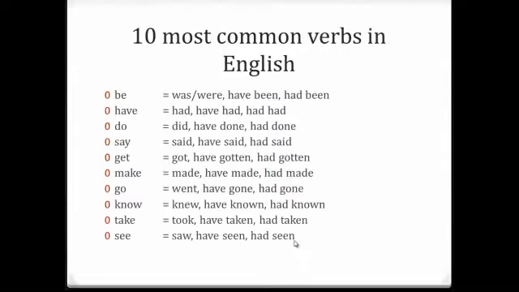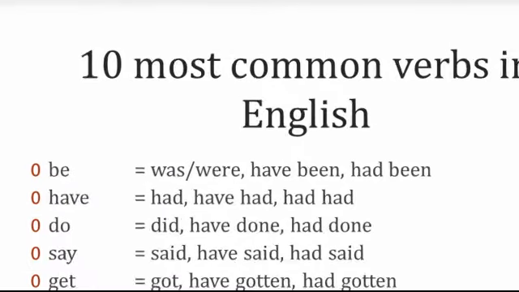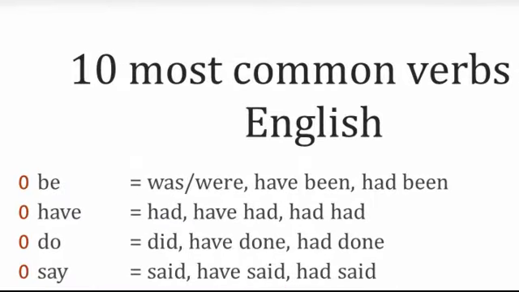Look at to be, for instance, at the top of the list. This is perhaps the most difficult one, because in the ordinary past tense, the simple past tense, sometimes it's was and sometimes it's were. Now this has to do with conjugation, as you learned in the present tense.